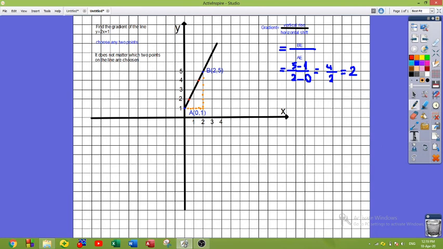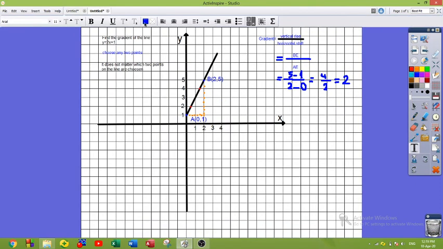The points will be C and D. Point C will be 0.5 and 2, and the other point, point D, will be 1.5 and 4.